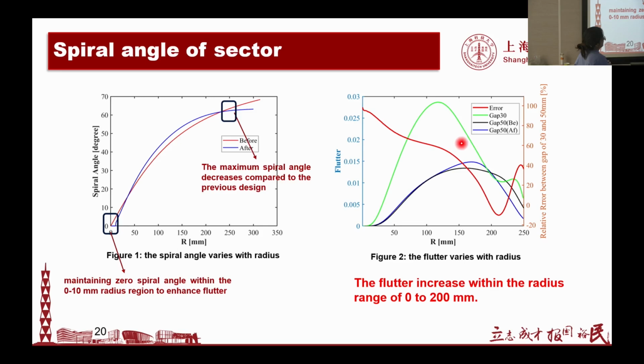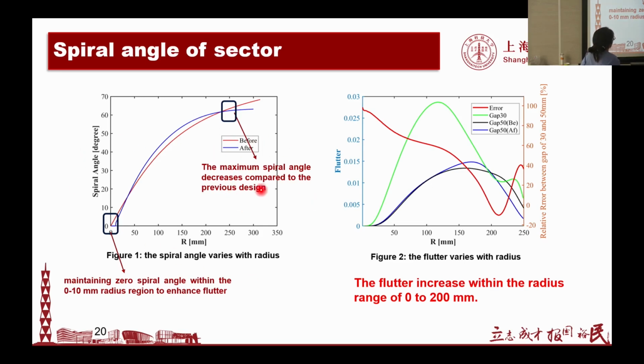The black line and blue line are for a gap of 50 millimeter. We can see that the flutter will rapidly decrease when we increase the gap. It can be acceptable, but we also slightly increase the flutter by adjusting the spiral angle of the sectors.